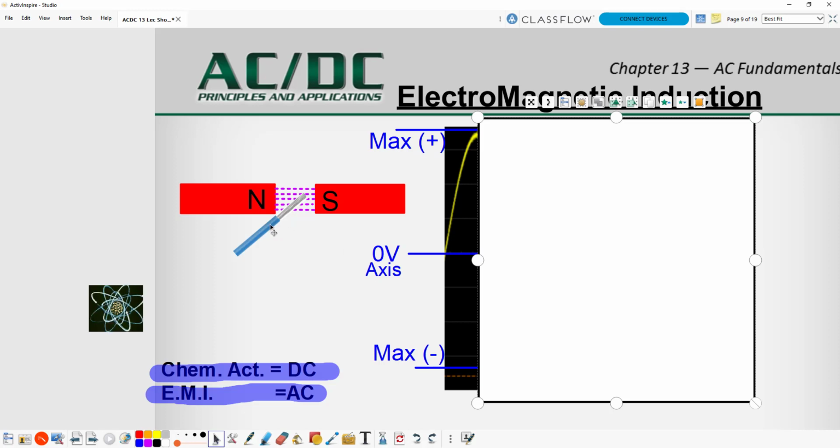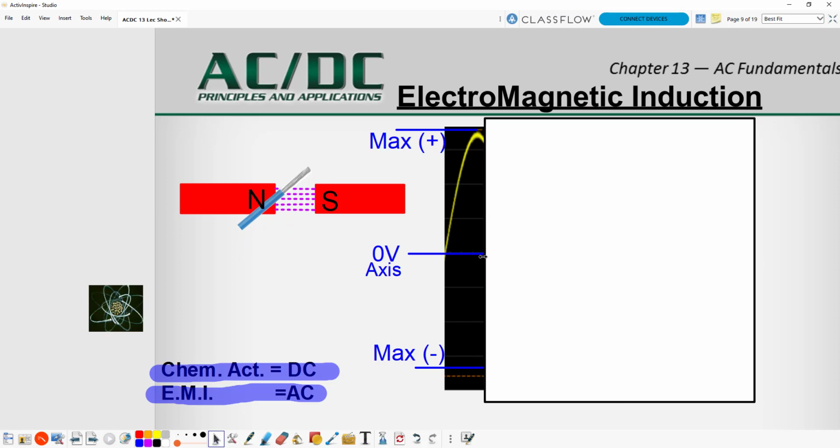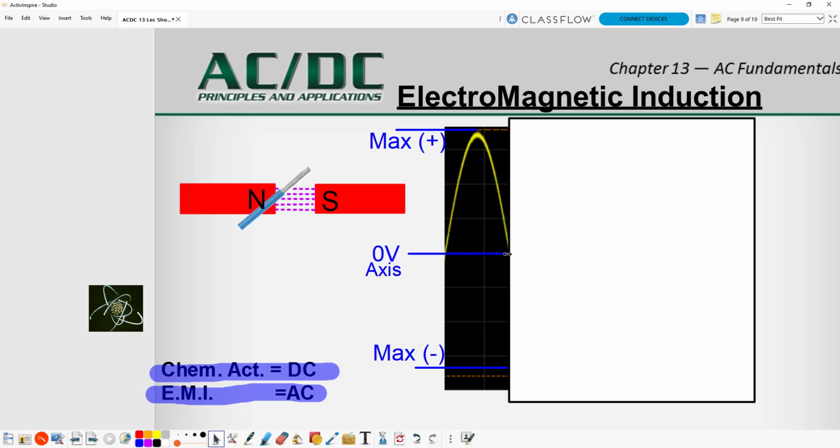Now, as we continue to move, we begin to move out of the magnetic field, and we begin to produce less and less voltage. So we collapse back down again to the 0 volt axis.